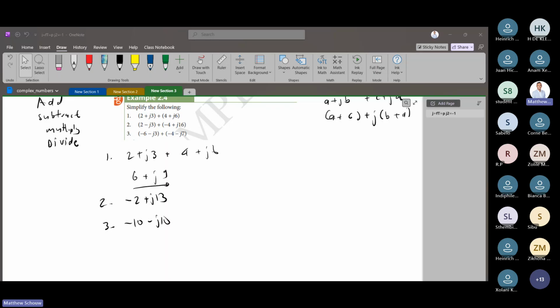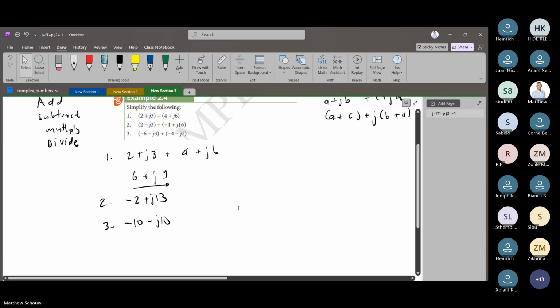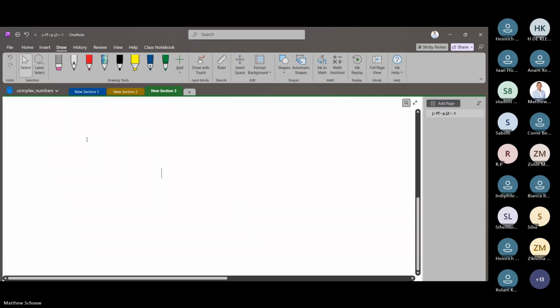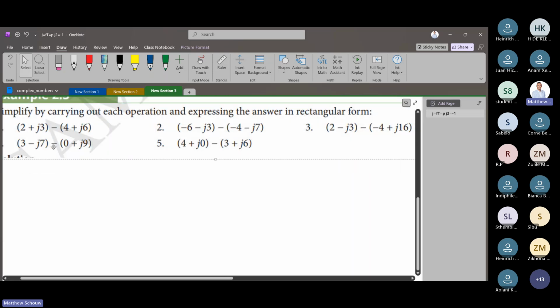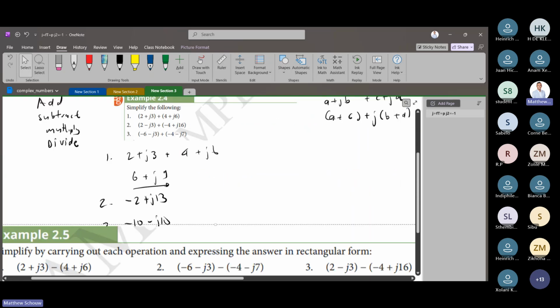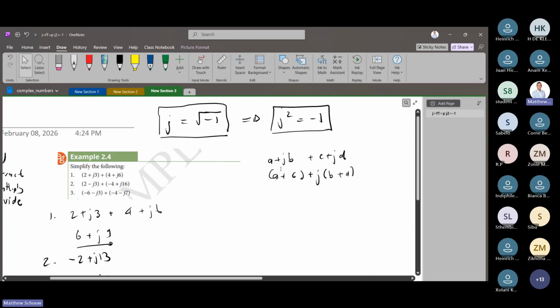Yes, sir. Perfect. So let's just look at subtracting. Subtracting is exactly the same. However, the case of signs always tends to trip people up. So the same rules apply. The only difference is now, instead of having a plus jb, let me do it like this.